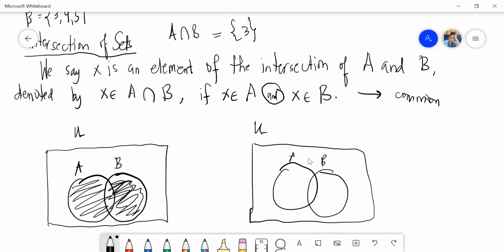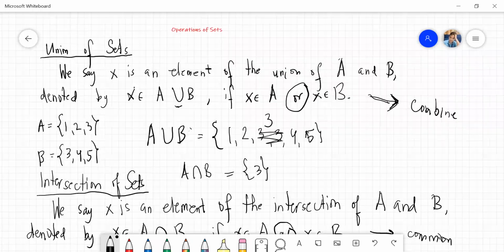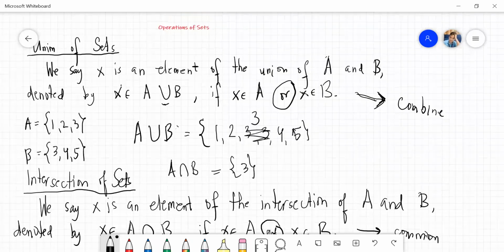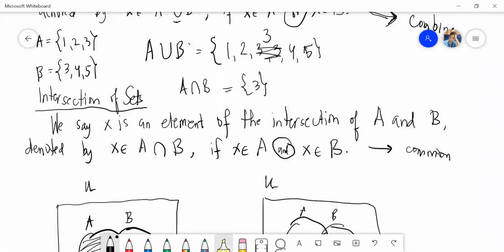That is our Venn diagram. When we say intersection, what is common is only the overlapping part, so only that is covered. So these are two of the basic operations of sets: the union and the intersection.